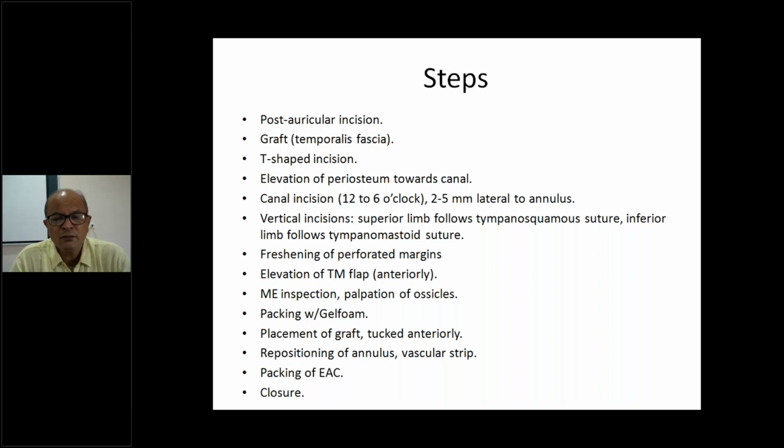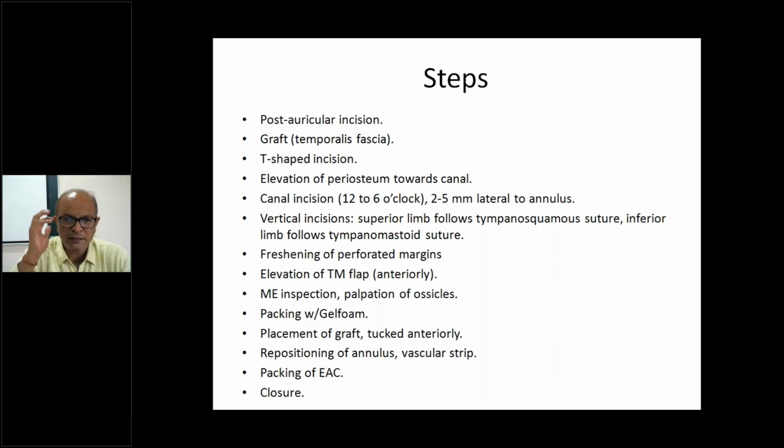So the spine of Henle is a very important landmark, and you elevate the periosteum over it. Here you have to use a little more pressure, because it will be more tightly adherent there if the spine is prominent.